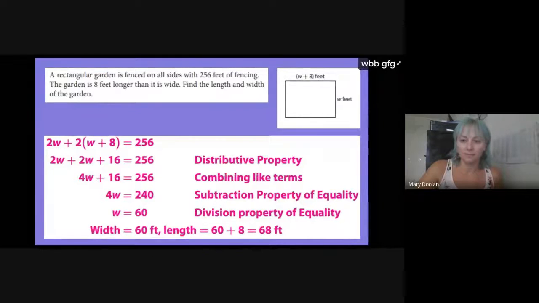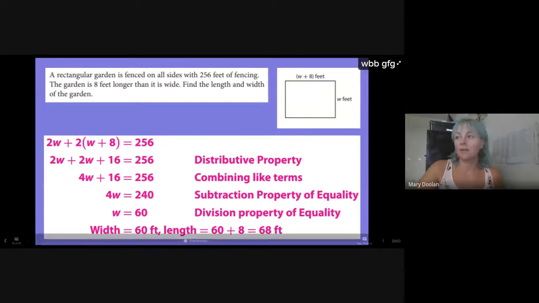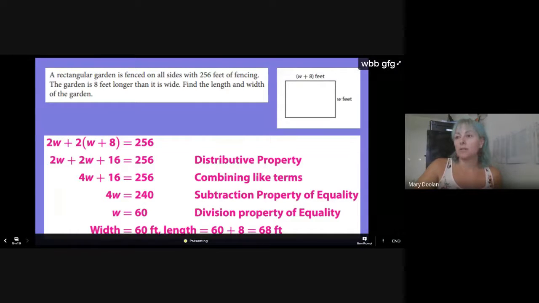So the assignment you had on Monday, if you go back to it, you're going to see that you have some problems that are exactly like this one we just did with length and width.